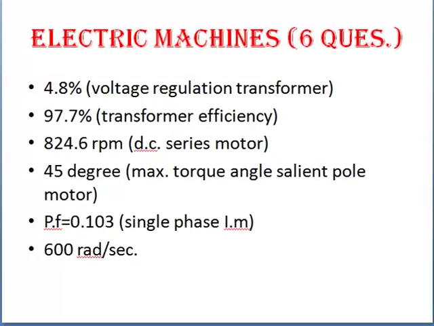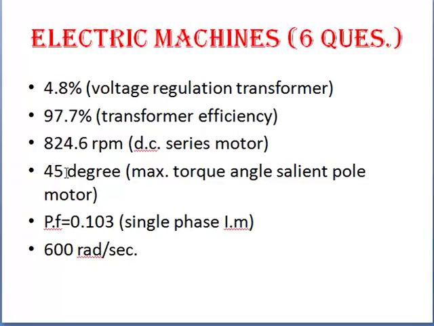Now the part is electrical machines. In electrical machines we covered a number of questions, and there is one new question, so we completed all questions here. 4.8% is the answer for the voltage regulation of the transformer, 97.7% is the transformer efficiency, and it is 24.6 RPM. For the DC series motor, in this question they increase the torque by about 44%.